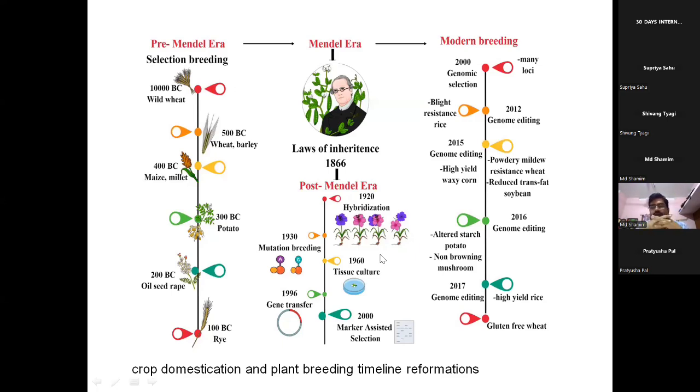And recently, scientists have developed genome editing methods for making specific trait changes in the plant system. This slide shows the different pre-Mendelian, post-Mendelian, and modern breeding approaches for the improvement of traits in crop plants.